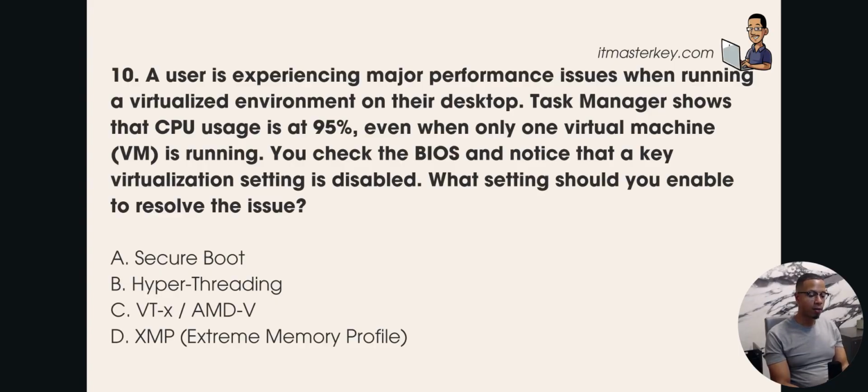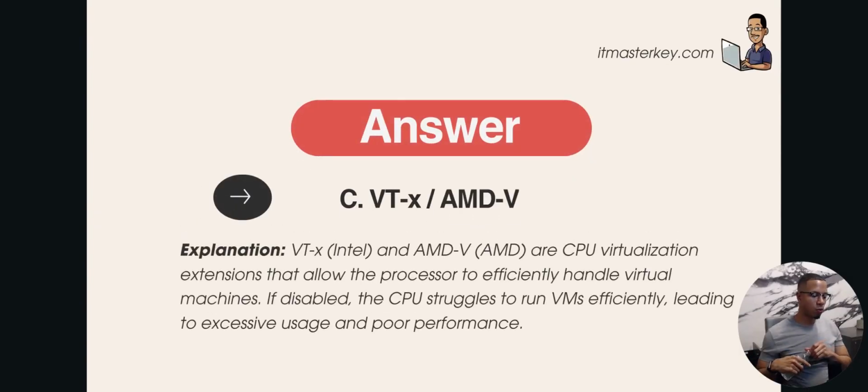All right, so here is the answer. Three, two, one. So for this, you would use VT-x and AMD-V. One of them is by Intel, the other one is by AMD, of course, and they're both for virtualization.